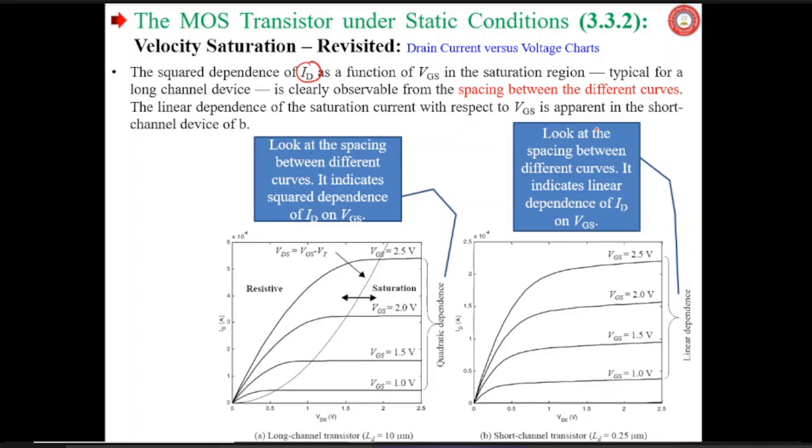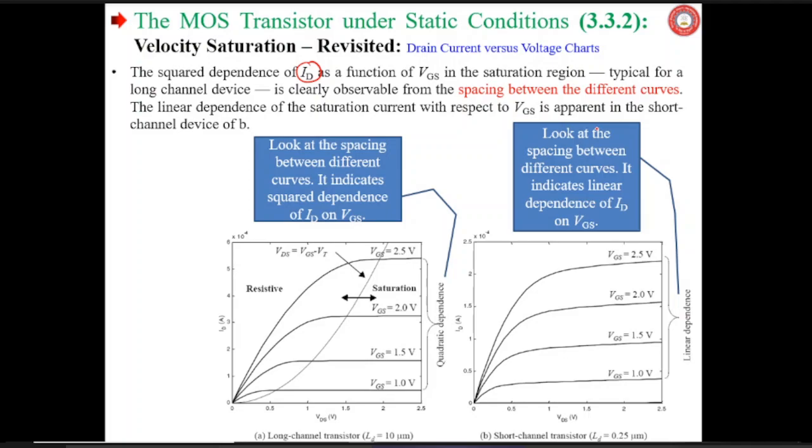This is what I was telling. These differences are all the same: linear dependence. From one VGS to another VGS, you are changing, and it is happening. Whereas you see here, it is not. Quadratic dependence is visible from this plot.